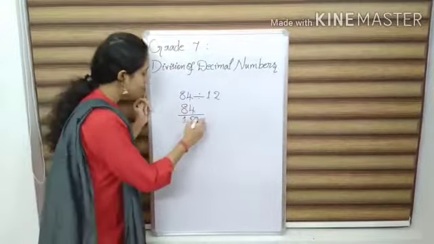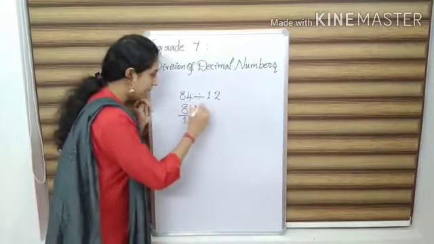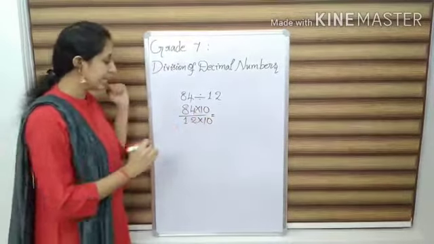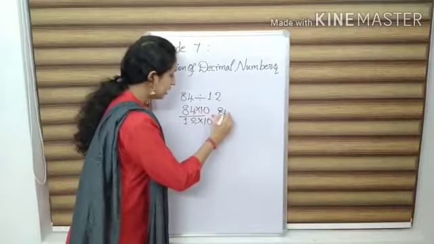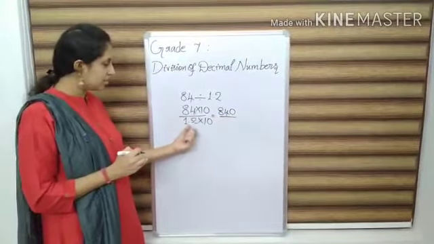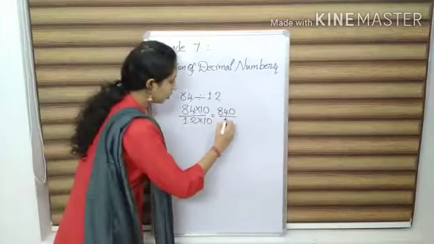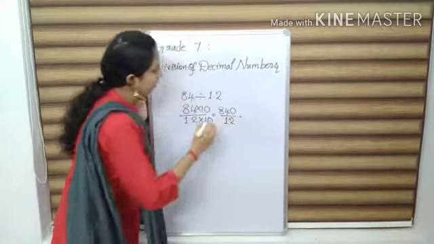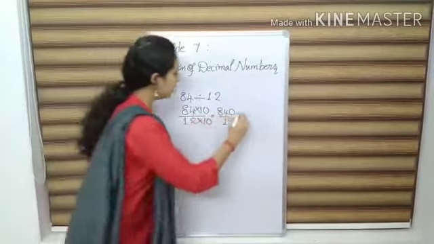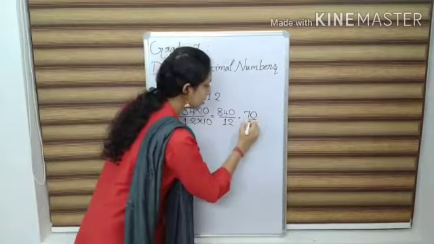That means you have to multiply numerator and denominator by 10. So the question becomes 84 into 10 means 840 divided by 1.2 into 10 means decimal is removed. So you get 12. Now you can go for direct division. 840 divided by 12, you will get 70 as the answer.